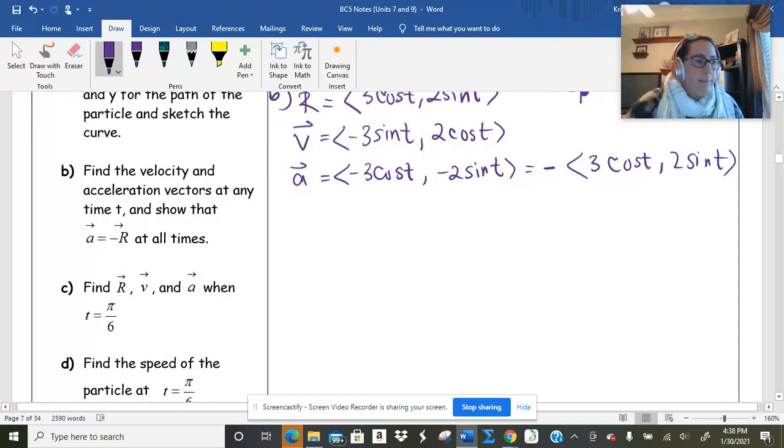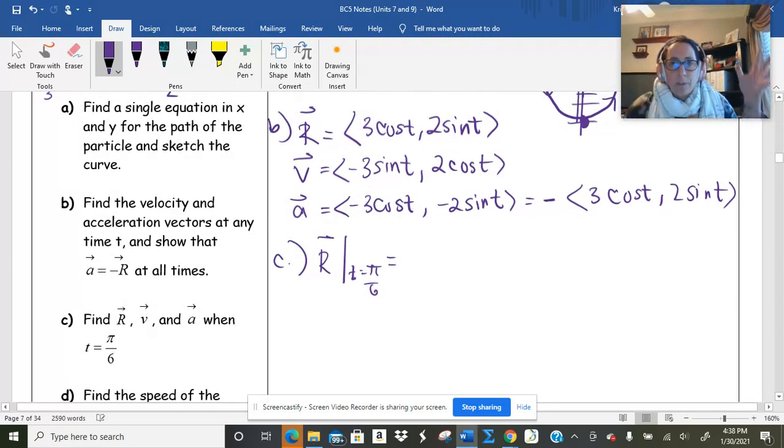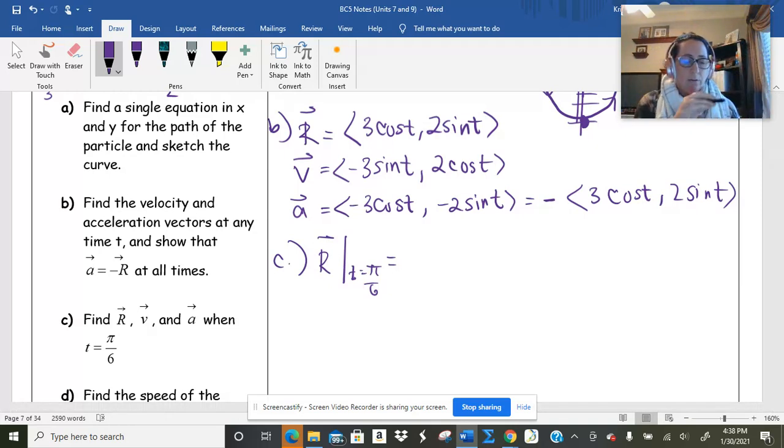Okay, so part C. It wants me to evaluate all of these now when t is pi over 6. So I'm going to use my right triangle here to look through.